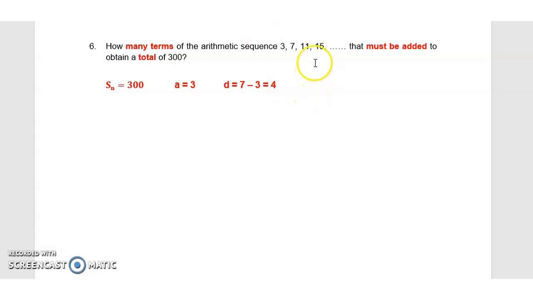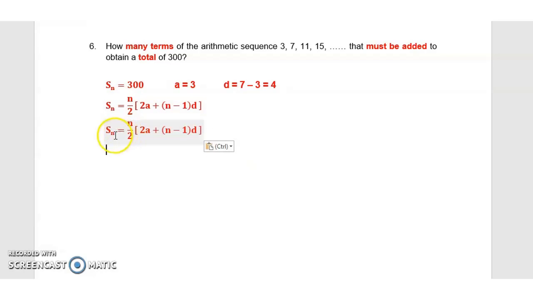Or you also can use T4 minus T3, 15 minus 11, also you will get 4. How many numbers do we need to add in order to get 300? Since we have information about total, we use formula Sn.